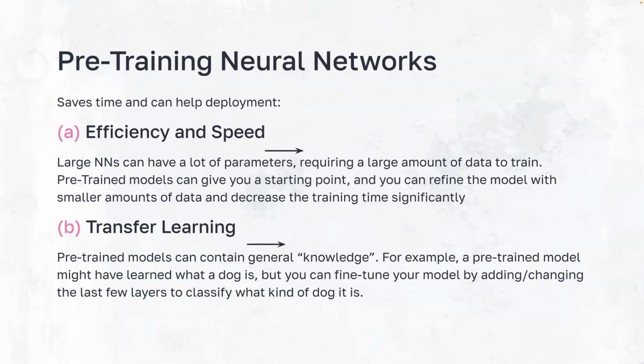And then number two, there's something called transfer learning, which is a little bit different. A lot of the pre-trained networks, for example, if you've heard of GPT-4 or AlexNet and so on, are really, really big models. And you can say that GPT-4 is a more general model. It contains knowledge about a lot of things, right?